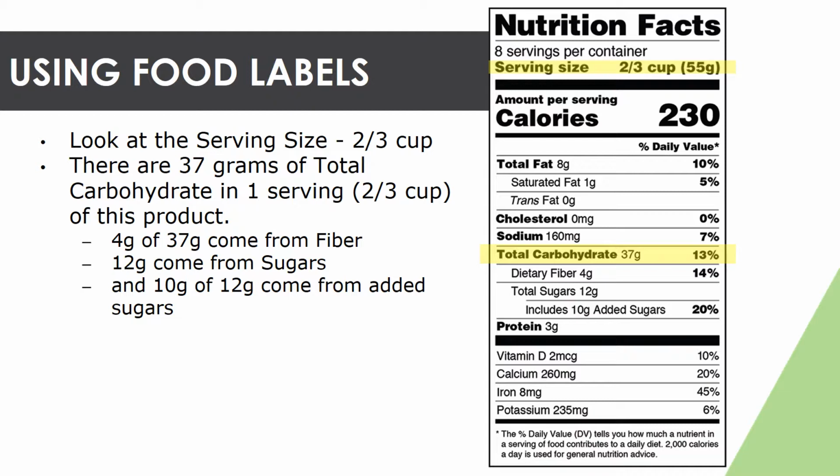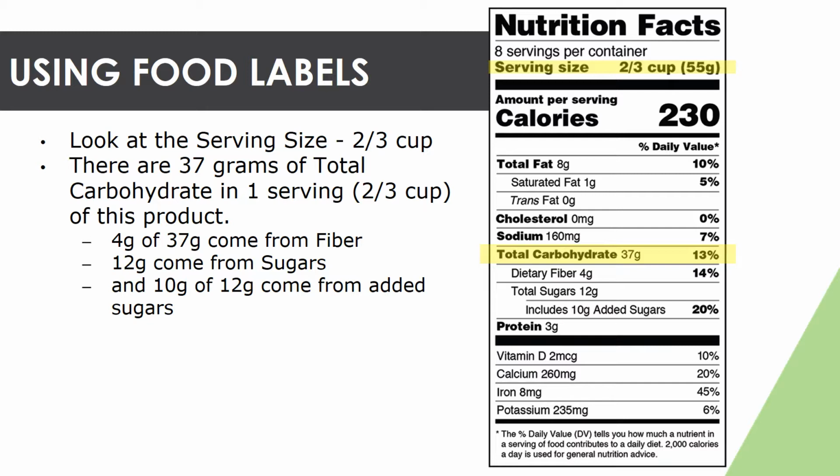4 of the 37 grams come from fiber. Fiber is a type of carbohydrate that doesn't really impact blood sugars, so it could essentially be subtracted from the total carbs. You could count this product as 33 total carbs, which is 37 minus 4. 12 grams come from sugars, so 12 out of 37 grams come from sugars.